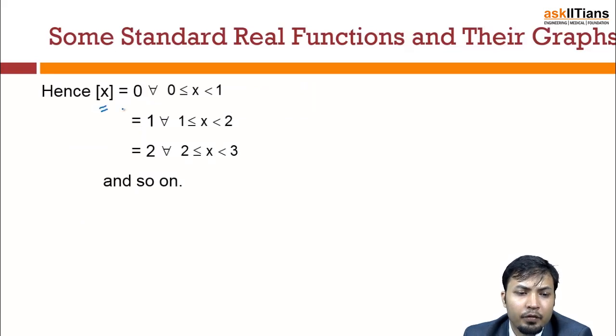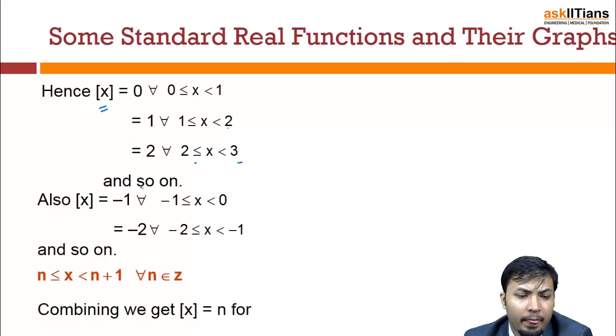So for the greatest integer function of x, I get 0 for all x from 0 to 1, 1 from 1 to 2, and 2 from 2 to 3, and so on it goes. Now I also need to be sure about the negative side.